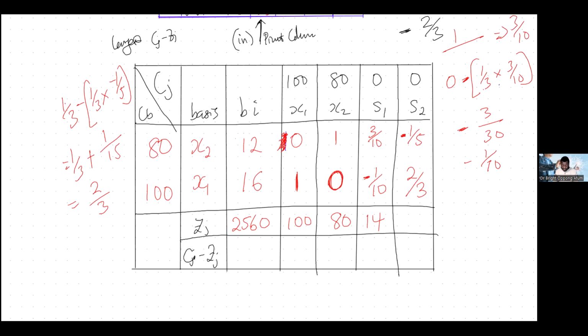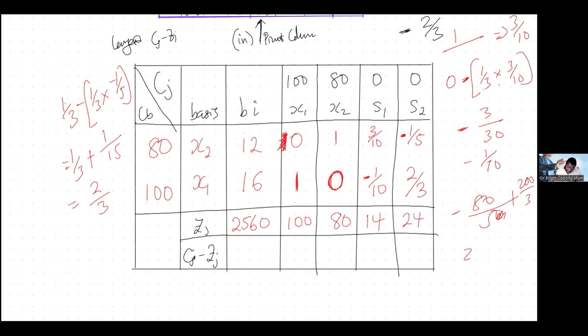Then 80 on 5 minus, plus 100 by this, and we'll get 24.